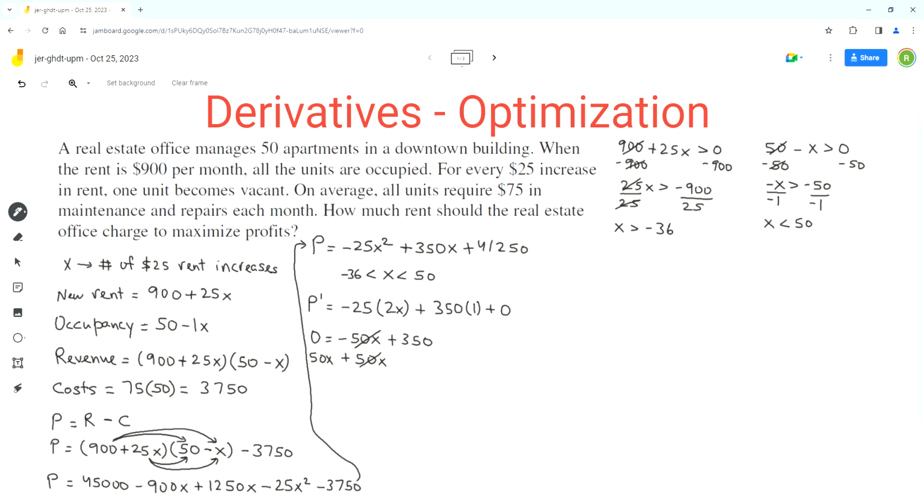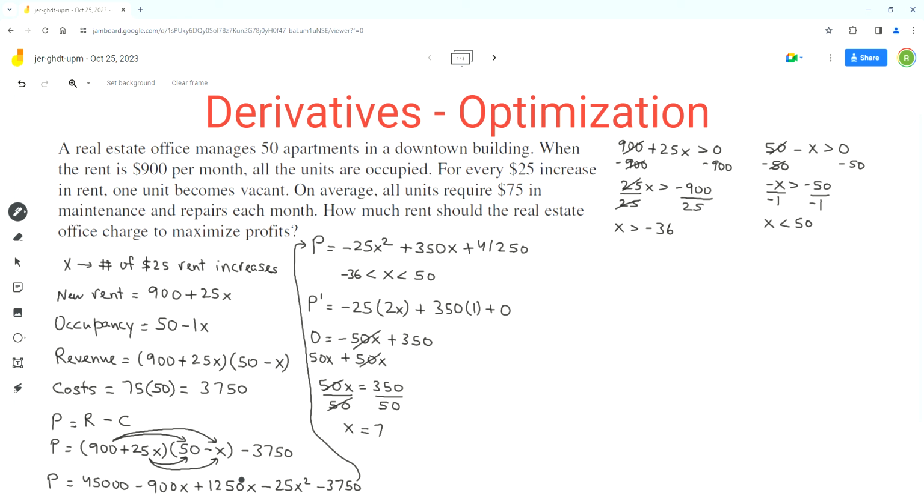So the 50x on the right side cancel each other out. So we get 50x equals 350. And now we can divide both sides by 50. So 50 on the left side will cancel out. So we get x equals 7, because 350 divided by 50 is equal to 7.